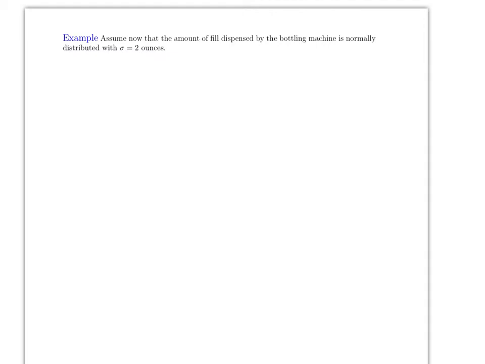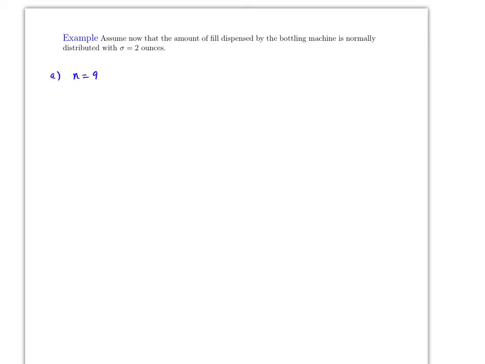So here's the example. Assume that the amount of fuel dispensed by the machine is normally distributed with sigma equals 2. Let's call this part A. Let's say that n equals 9, so you have a random sample of 9.